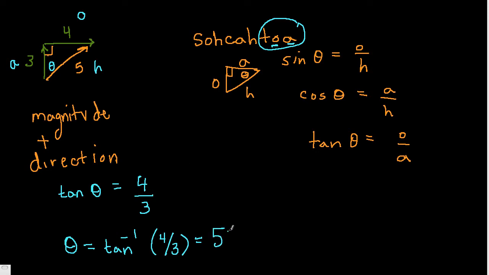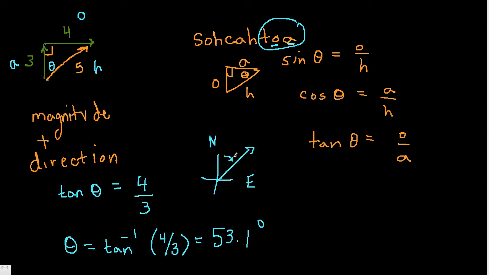Okay. So right here we know that the angle is 53.1 degrees. Okay, so I guess if this is north, then this is east, and looks like my resultant has rotated towards the east.